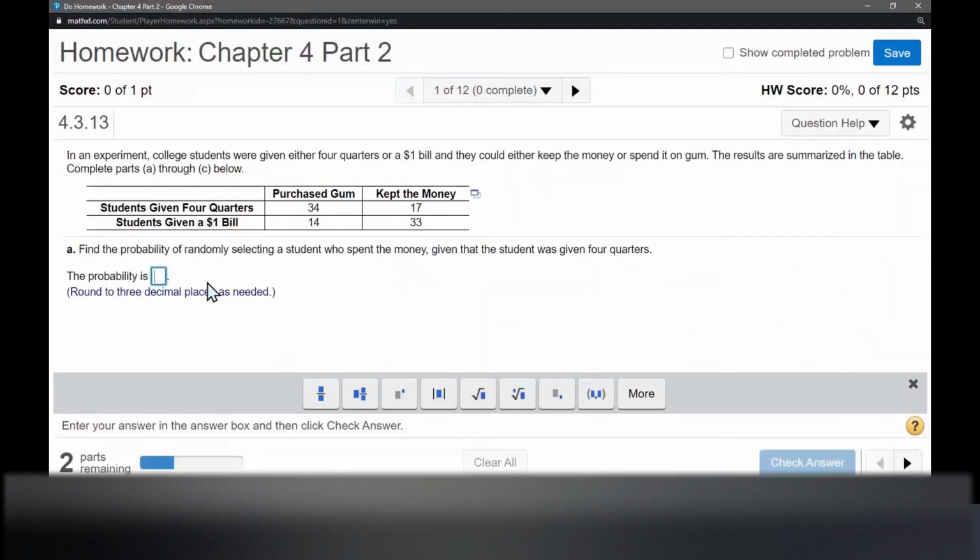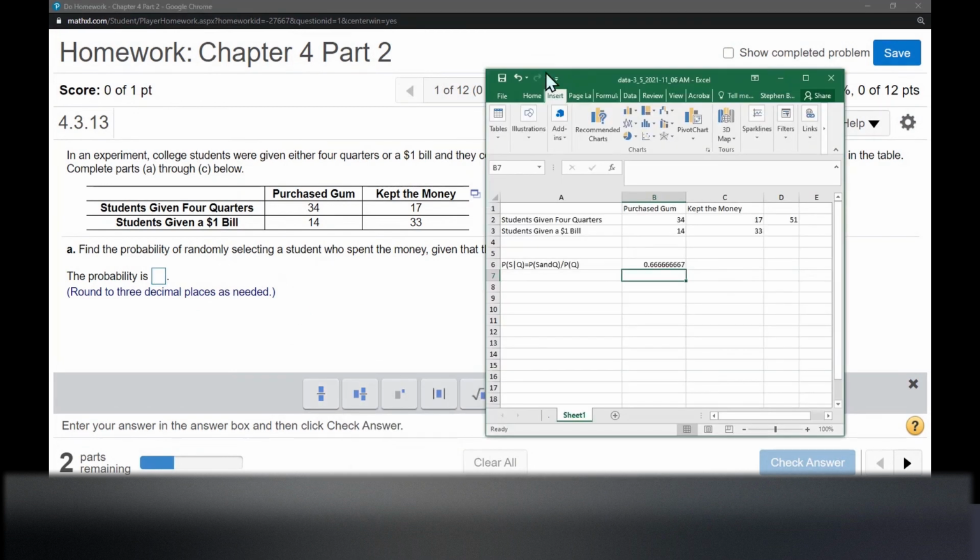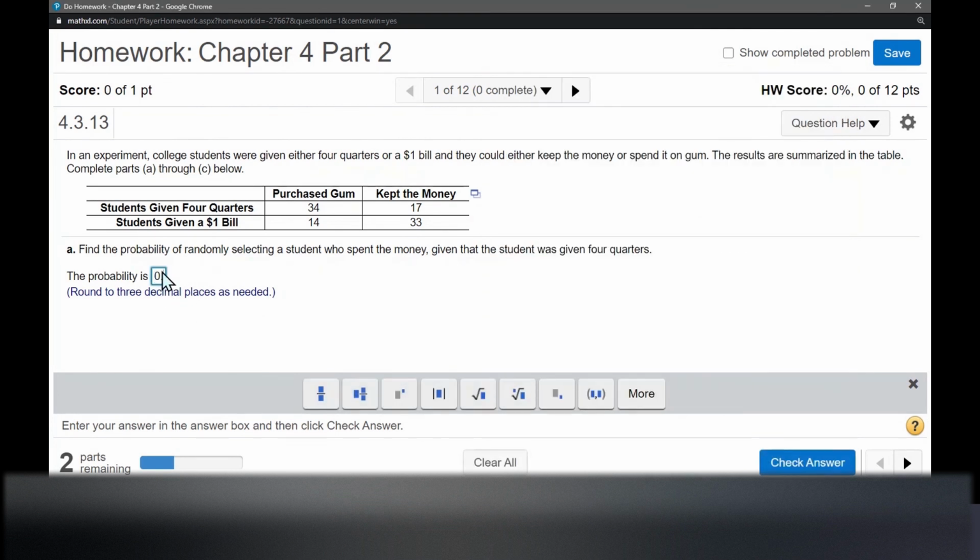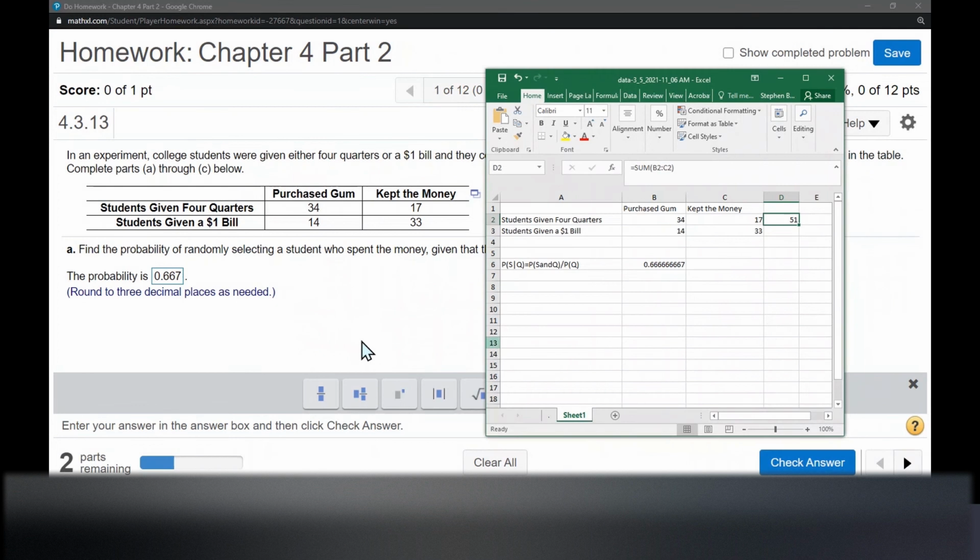Three decimal places. So again, that would just be 0.667. Okay, all right, I think I'm good.